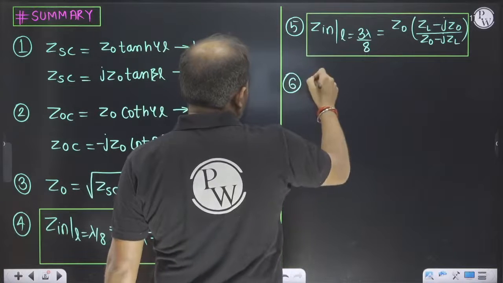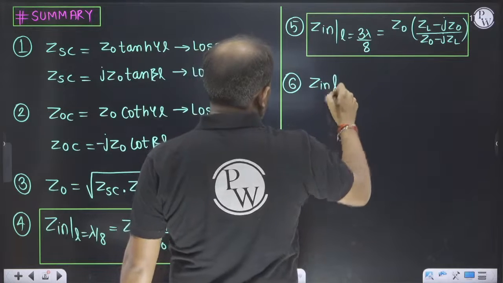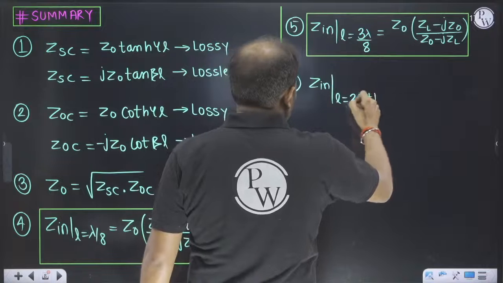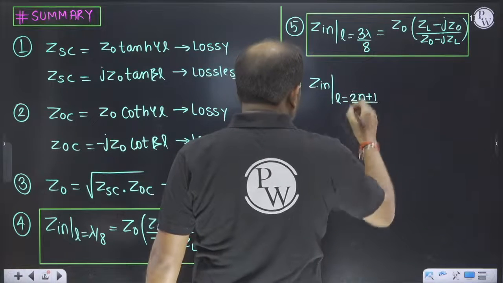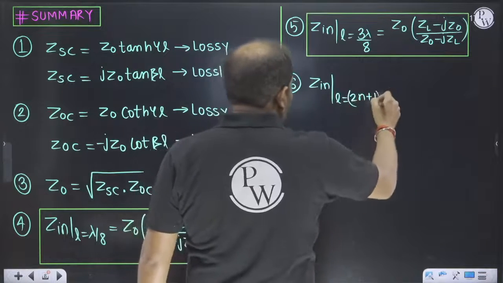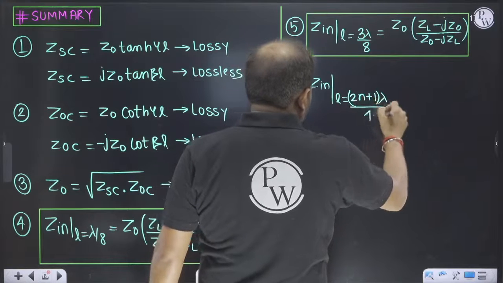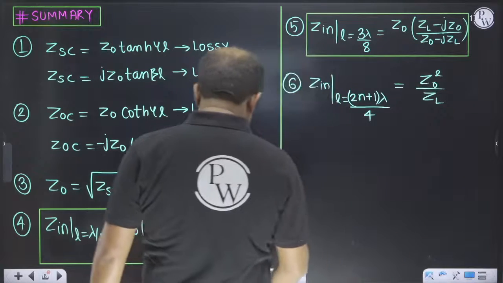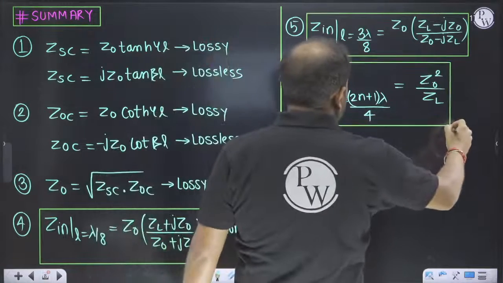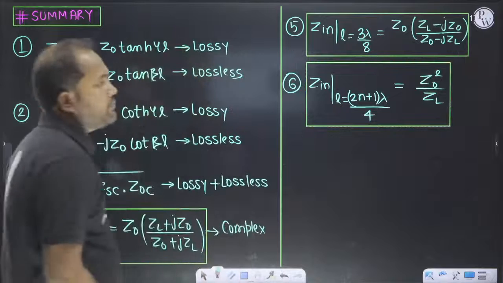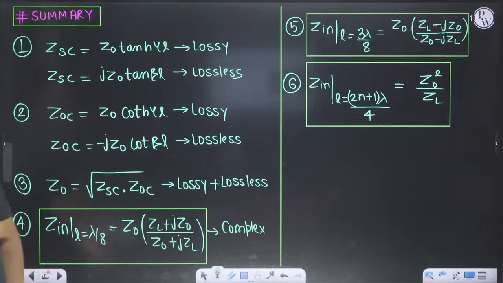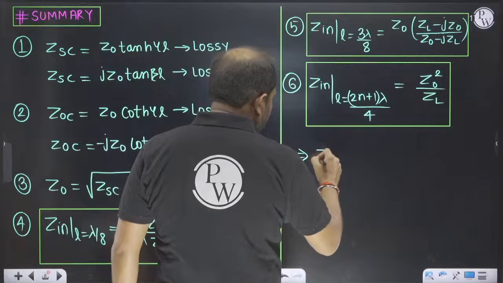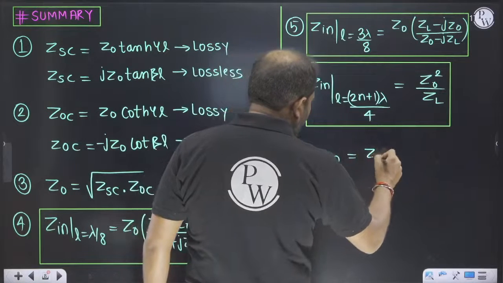Sixth point is Zin for length odd multiple of lambda by 4. What will be the answer? Zin is equal to Z0 square upon ZL.